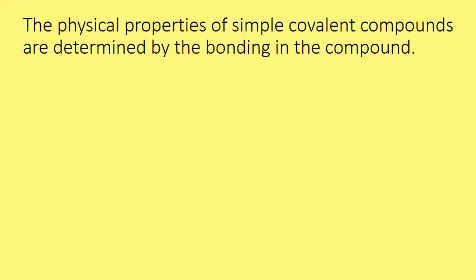The physical properties of simple covalent compounds are determined by the bonding in the compound, and the physical properties that we're interested in are conductivity, and that would be electrical conductivity really, and also the melting point and the solubility.